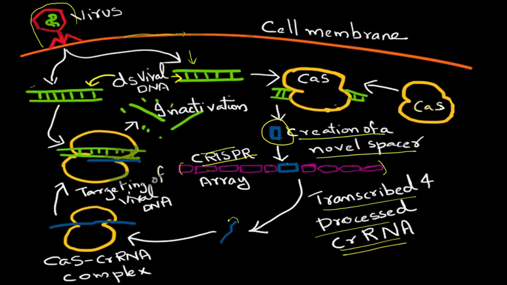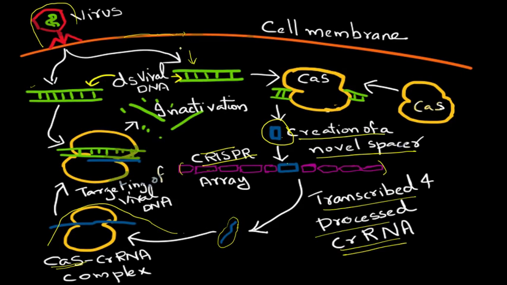And this spacer along with the other tracer RNA, etc., will go on and form a complex with the Cas CRISPR RNA complex. Now that is here. Now imagine the same virus is infecting the bacteria again. Now this is a different scenario.